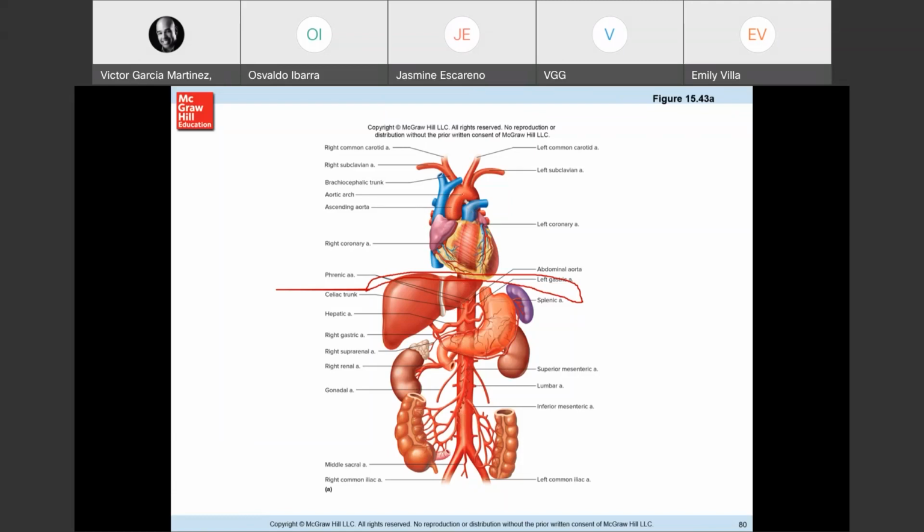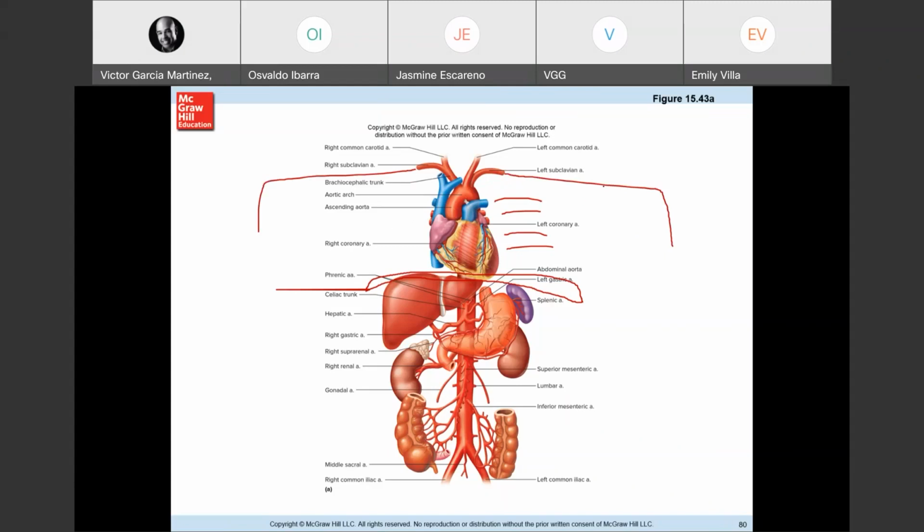For the thoracic portion, guys, we're going to regard in a second some arteries because we need to irrigate our ribs, and then we're going to study the branches of the thoracic portion. For our upper limbs, we use the left subclavian artery and the right subclavian artery.